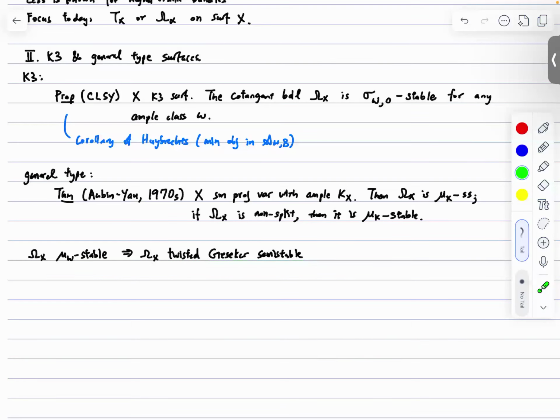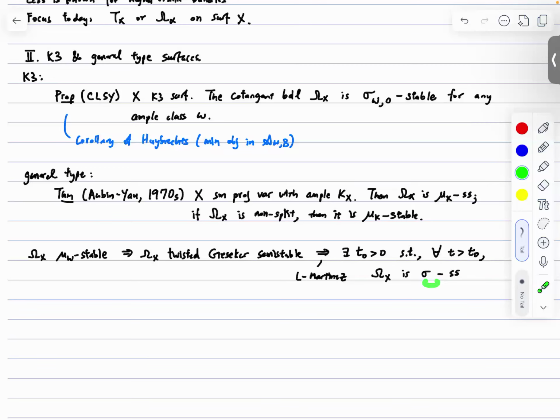And if we know that a coherent sheaf is twisted Gieseker semi-stable, then there's a result with Christian Martinez that says there is a positive real number T naught such that every time T is bigger than T naught, your coherent sheaf, in this case the cotangent bundle, is Bridgeland semi-stable.